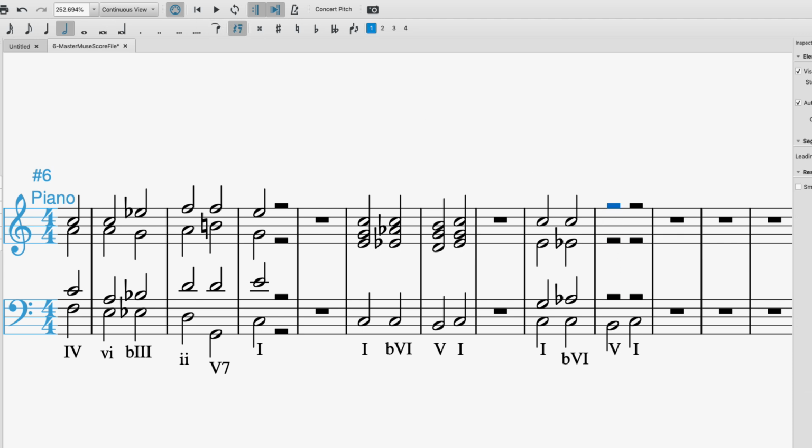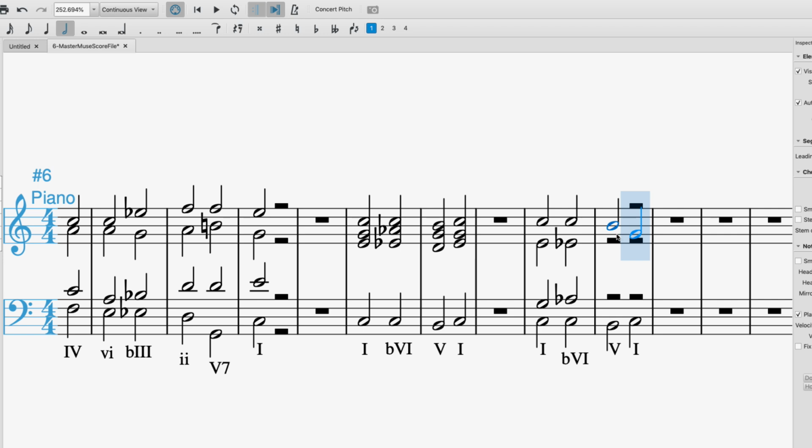Let's go back. The augmented interval is going to be there. We just have to make it in a spot that is not in the same voice. So if we go to here, let's see, what were our notes?